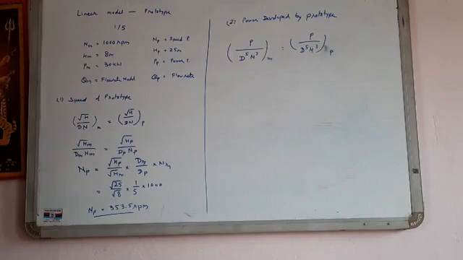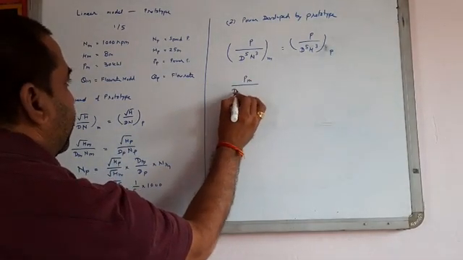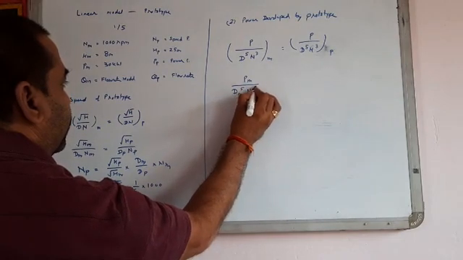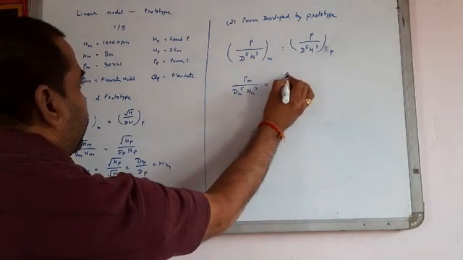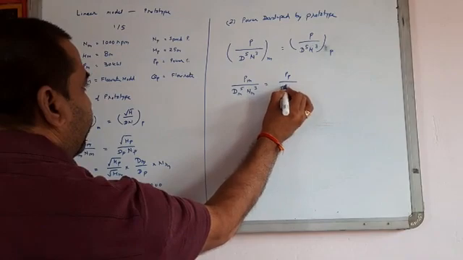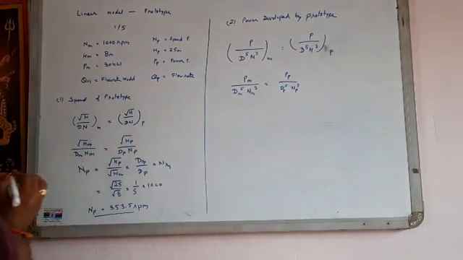Now this is Pm by Dm to the power 5 Nm to the power 3 equal to Pp by Dp to the power 5 and Np to the power 3.